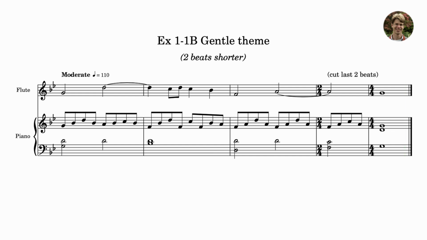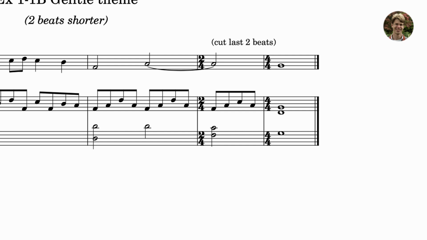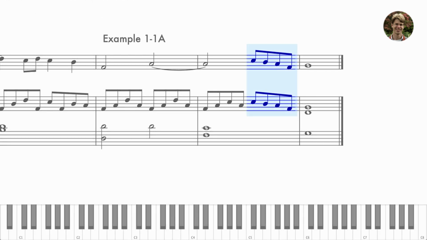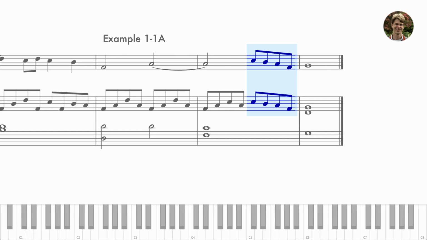Cool. So that works. This is 2 beats shorter, so that would work perfectly. However, did you notice anything about the melody? It's subtle, but looking back at 11a, the part we chopped off had this melodic movement. What if we could find a way to include that?